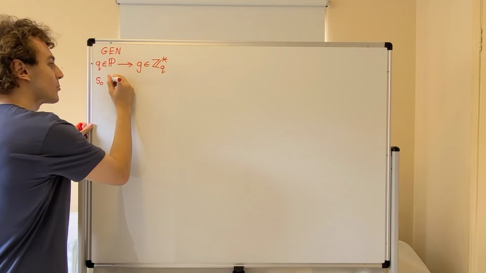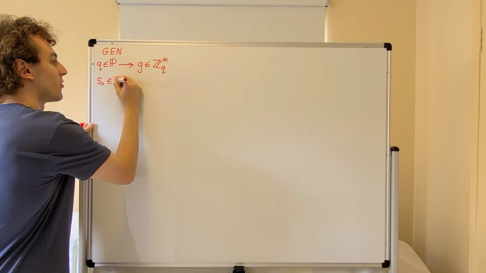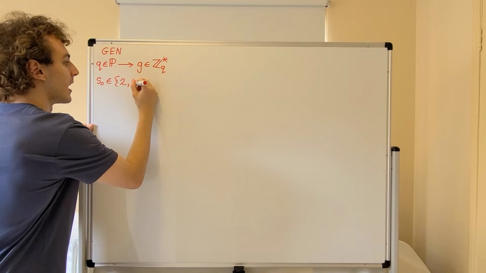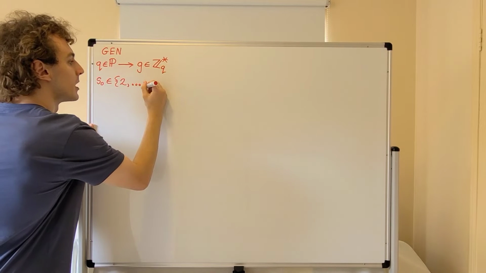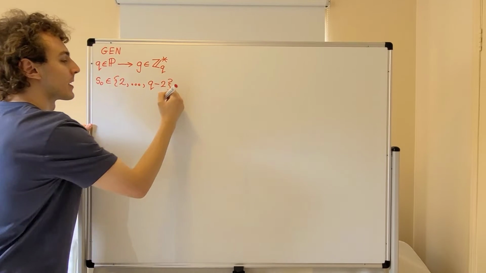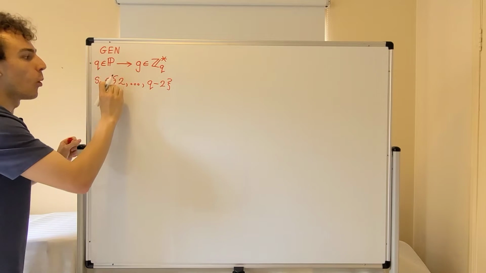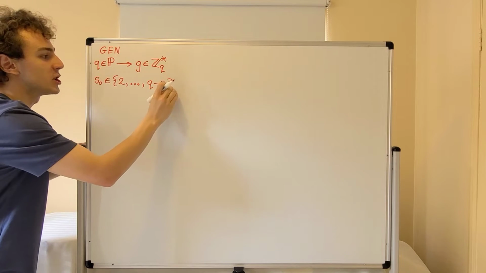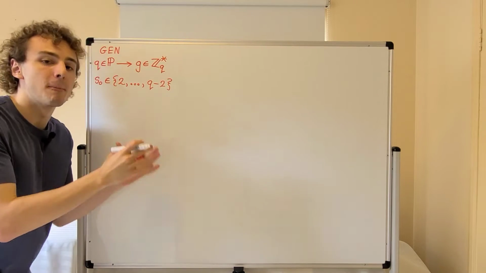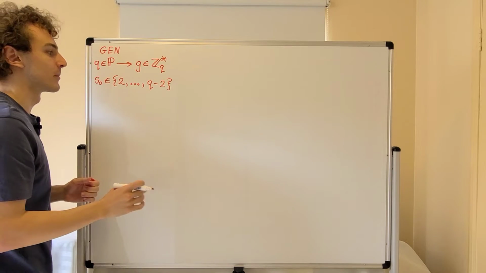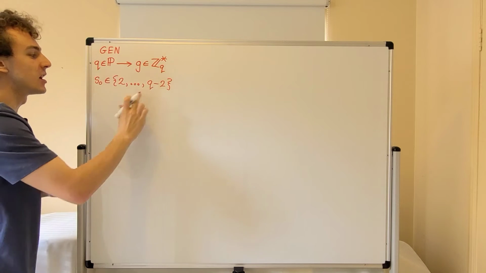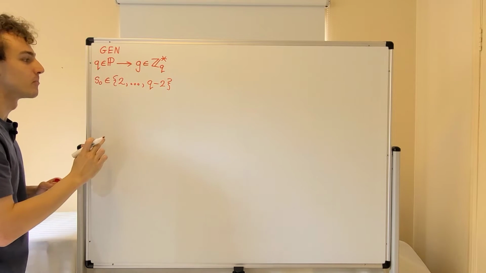So this secret is an element of the set of integers going from 2 up to Q minus 2. So we've excluded 1 and we've also excluded Q minus 1. Q minus 1 is the same as minus 1 mod Q. So those are the elements that we excluded, and these are our possible choices for this secret value.